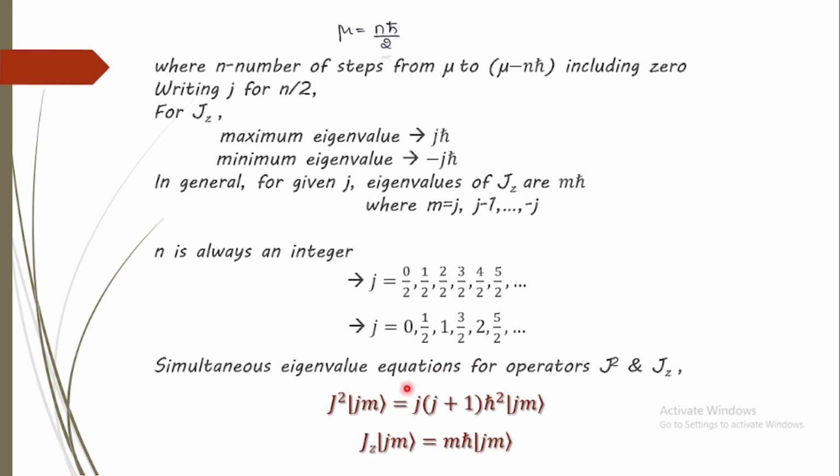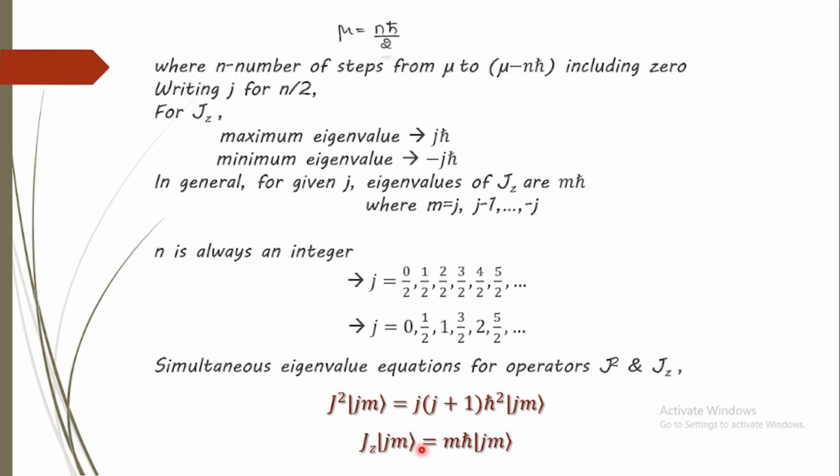So here j into j plus 1 into h cross square is the eigenvalue of operator j square, and j takes the value 0, 1 by 2, 1, 3 by 2, so on, and m h cross is the eigenvalue of operator jz, where m takes the value minus j, minus j plus 1, minus j plus 2, so on up to plus j.